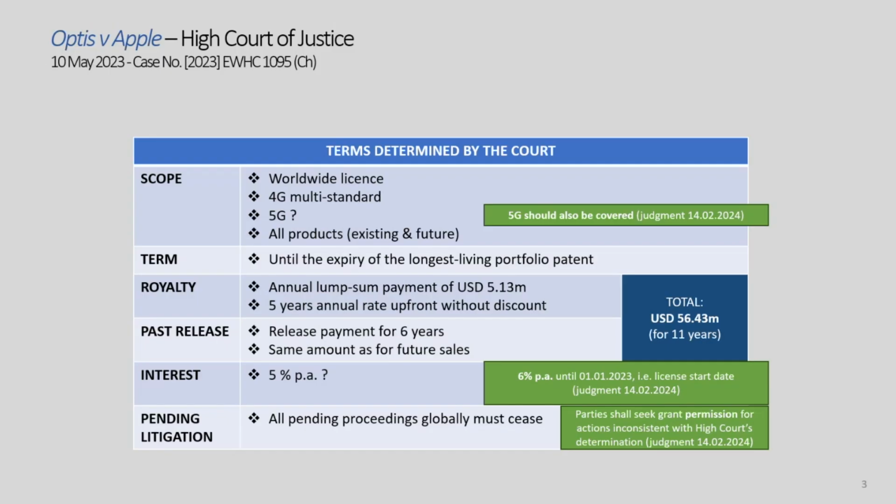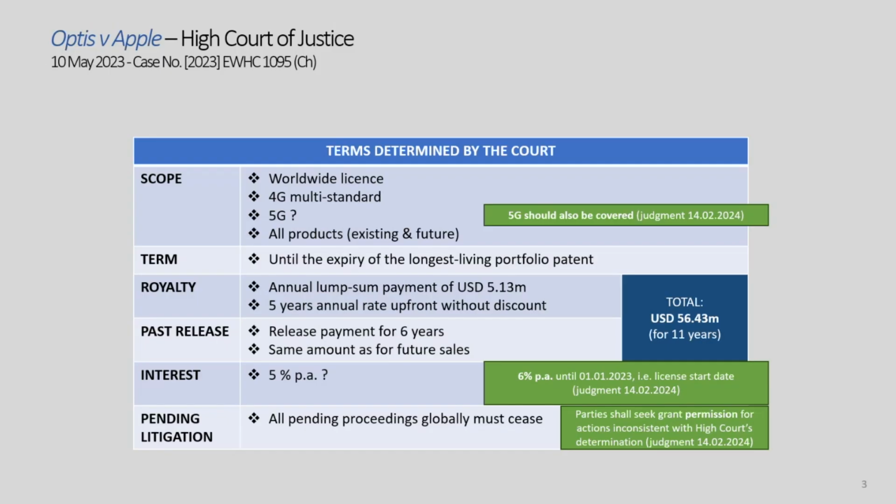Then there was also a discussion of whether you should have also interest payments here, because of course there should have been payments in the past that were not made. Initially, the court said probably an interest rate of 5% per year would be reasonable, but in this follow-up judgment later on, it determined that the 6% interest rate per year should apply.